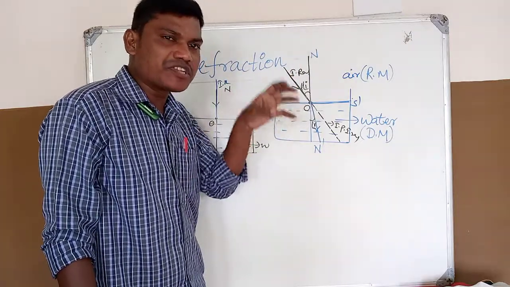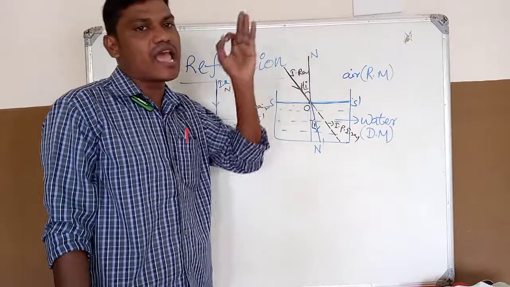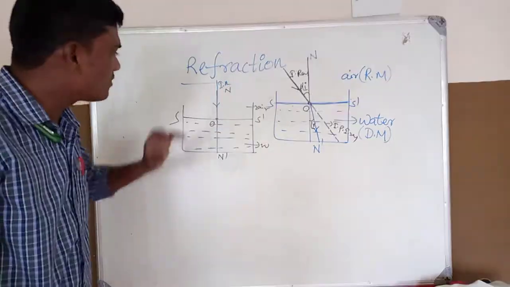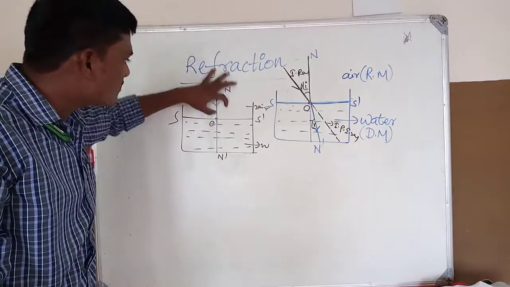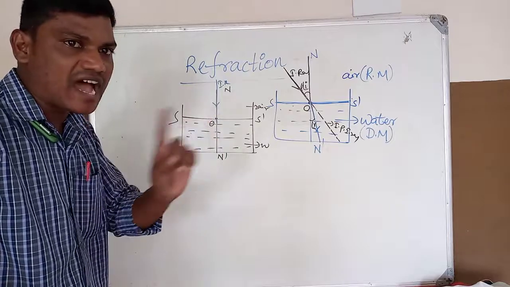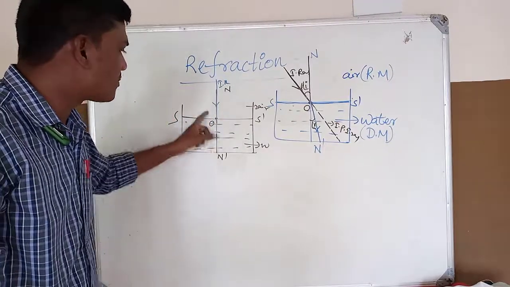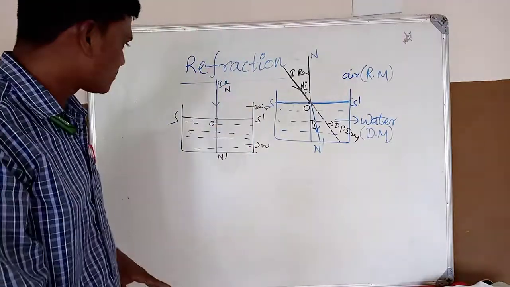So during such a condition, the angle of incidence is less than the angle of refraction. And the third case is when the light travels along the normal to the refracting surface, at that time the light ray is undeviated from its path. It moves along the straight line, but the speed changes.